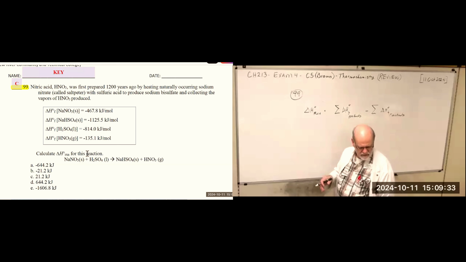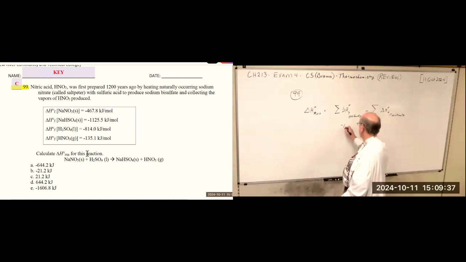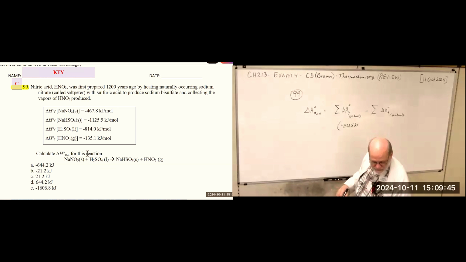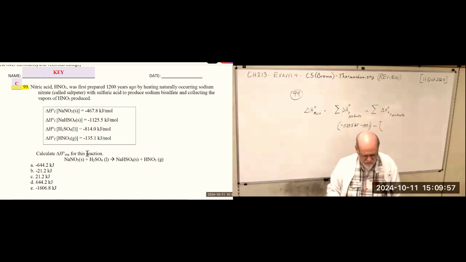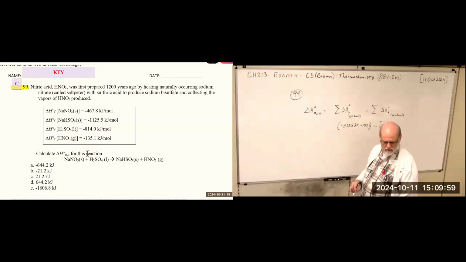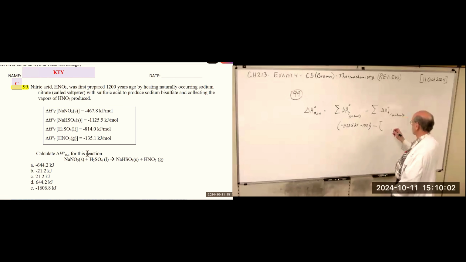Sodium bisulfate is minus 1125.5 kilojoules, right? And then nitric acid, HNO3, is minus 135.1. Okay, then we subtract the reactants. Sodium nitrate is minus 467.8.